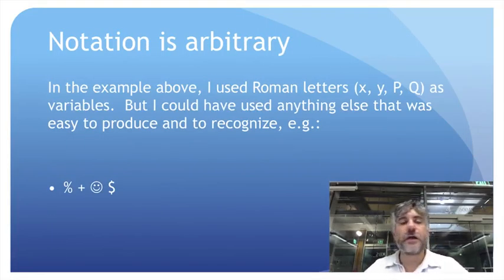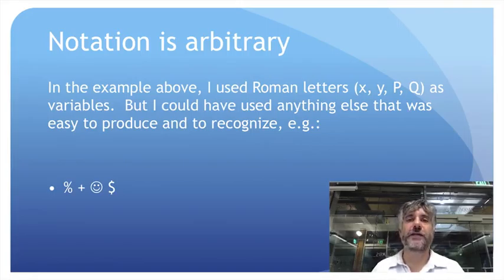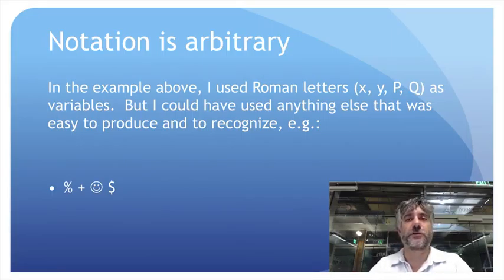Now notice, in the example I just used, as well as in the truth table from last lecture, I was using Roman letters like X or Y or P or Q as variables. But there's nothing sacrosanct about using Roman letters as variables. I could have used anything else, so long as it's easy enough to recognize and easy enough to reproduce. Here are some examples. I could have used a dot or a percentage sign or a plus sign or a happy face or a dollar sign.